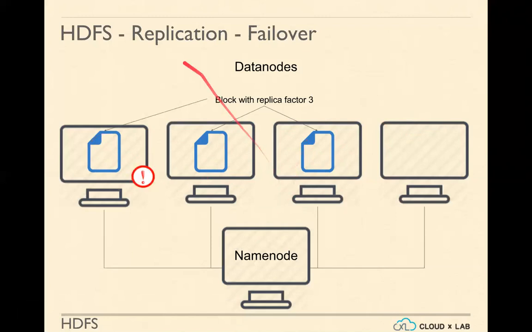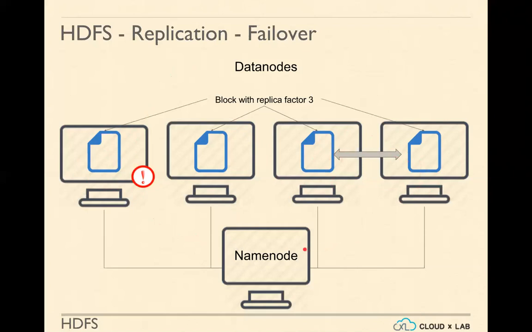Now, let's say this machine goes down and this block has disappeared. What would happen is the name node would inform one of the data nodes, like this one, to start copying the lost block from an existing one.